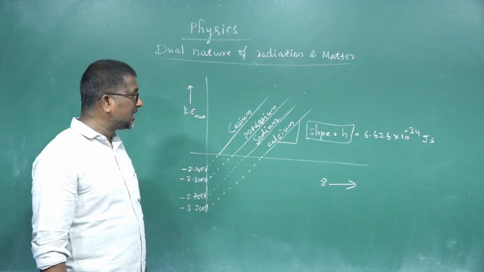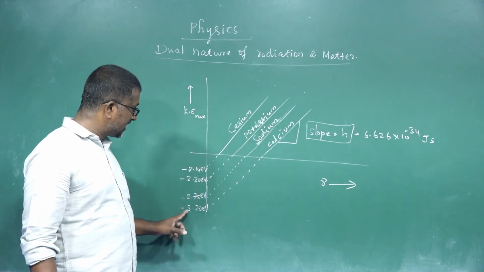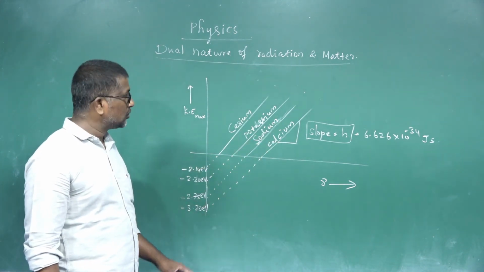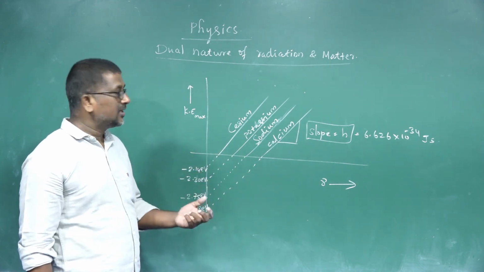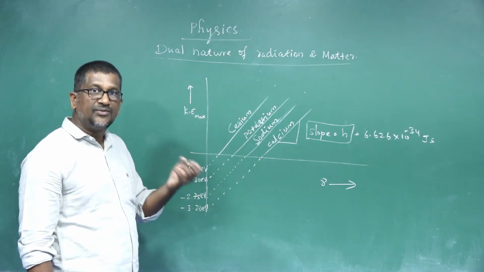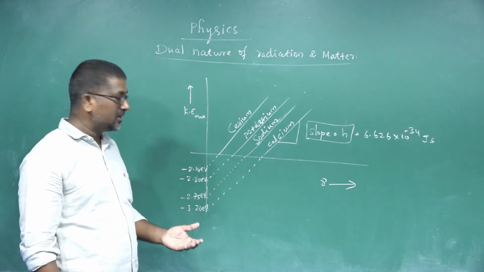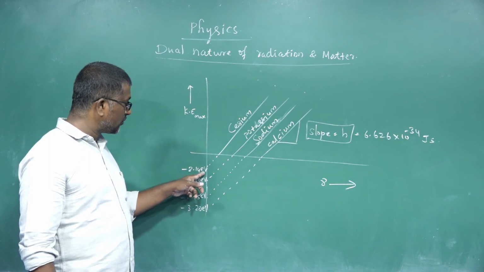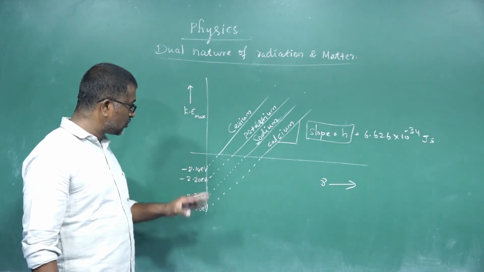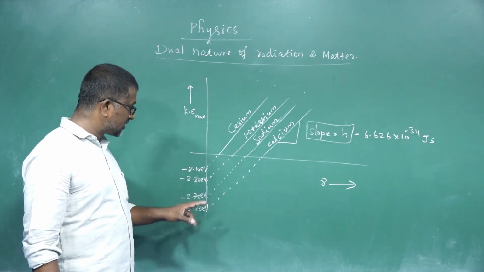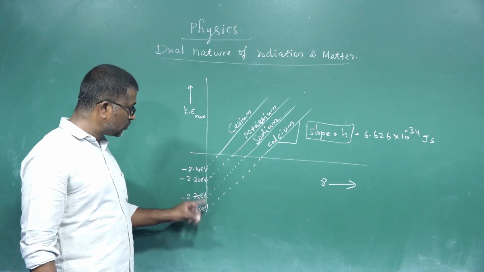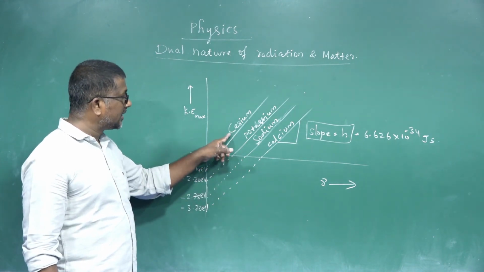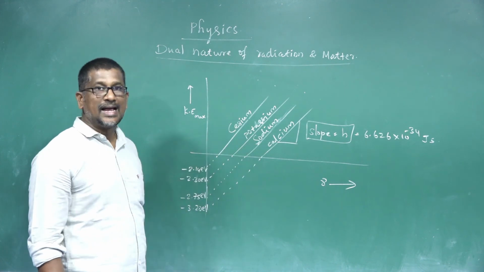For calcium, the photoelectric work function is -3.20 electron volt. So Millikan measured the photoelectric work function of different alkali metals experimentally. Those values are listed here: -2.14 eV, -2.30 eV, -2.75 eV, -3.20 eV for the metals cesium, potassium, sodium and calcium.